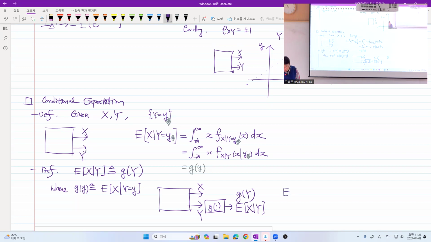See that? If you just replace lowercase y with capital Y, you have this strange notation, capital Y equals Y, right? That is why people do not use this notation. They have introduced this other notation. Got it?